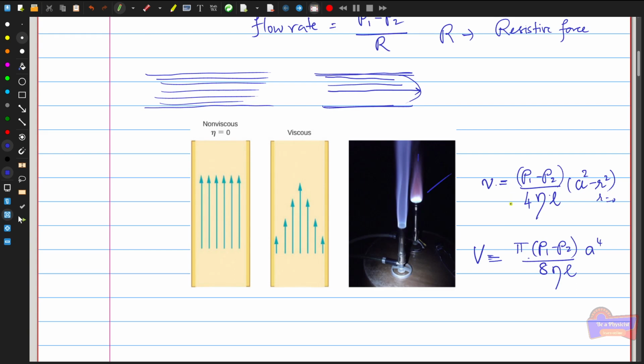We can derive these two equations, for velocity as well as volume, in a small derivation. This formula is known as Poiseuille's formula. Poiseuille's formula for the velocity is given by this, and Poiseuille's formula for the volume is given by this relation.